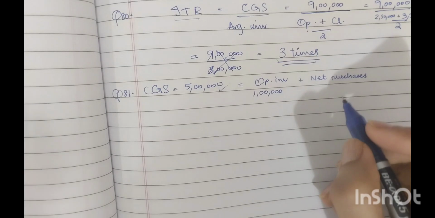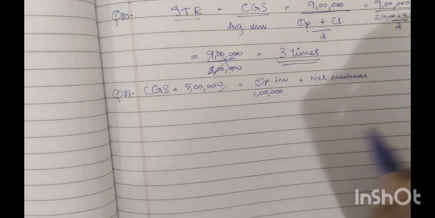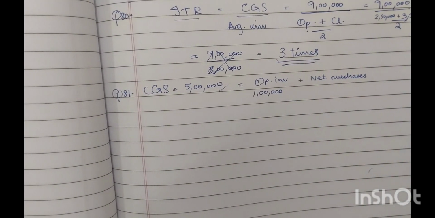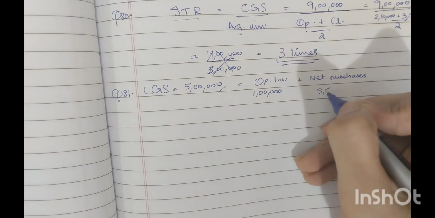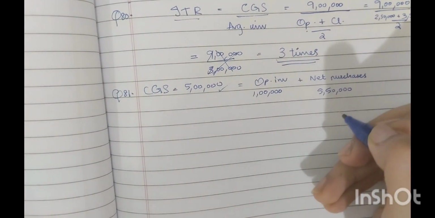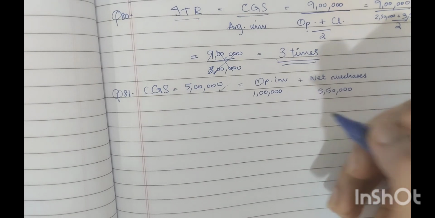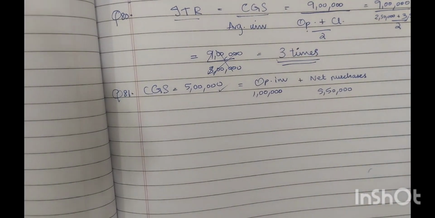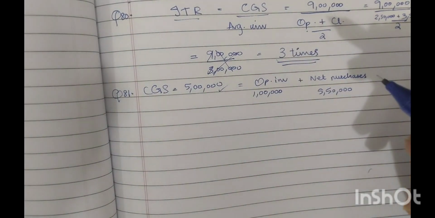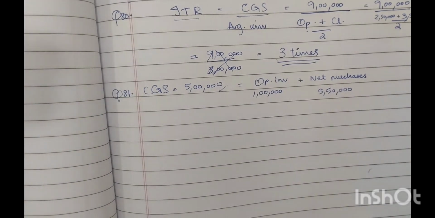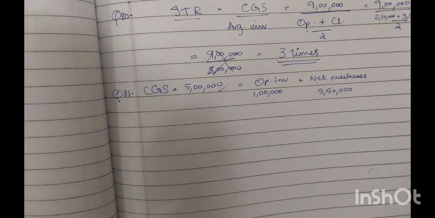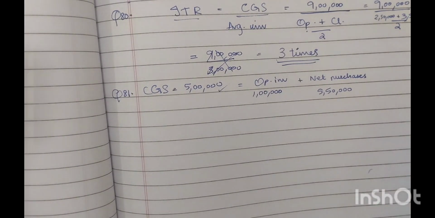So that means that the purchase amount given to us is in fact our net purchases, right? So which is 5,50,000. Then, that's all the information they've given to us. And direct expenses has not been mentioned. That means we don't have to include any direct expenses in finding the closing stock, or it also means that direct expenses were not borne by the company. They haven't disclosed that information to us, so we don't have to use it.